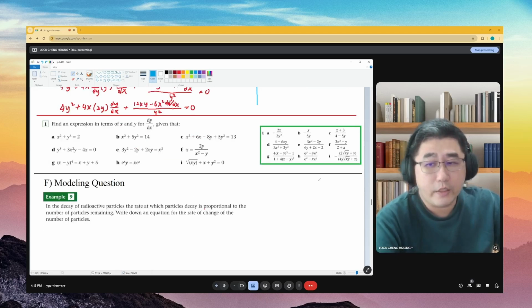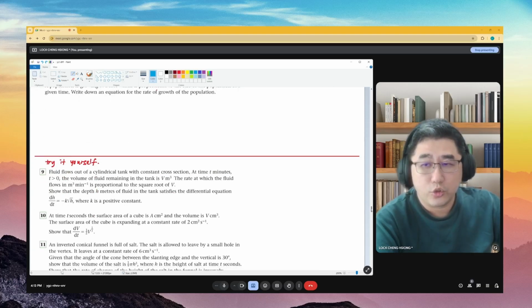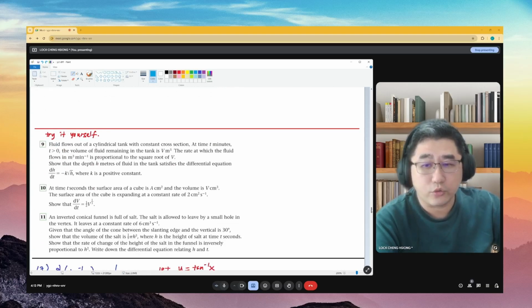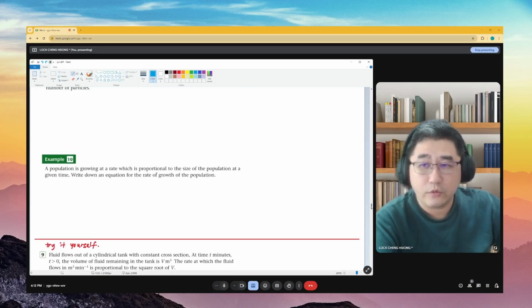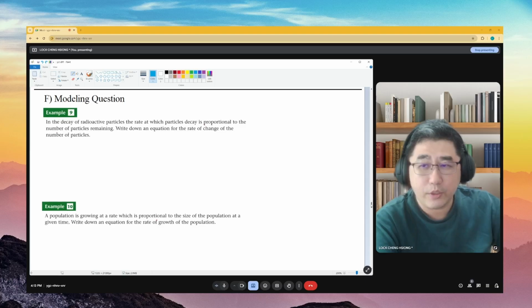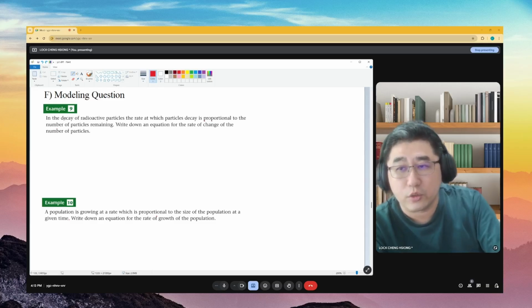And finally is the modeling questions. So you need to know how to write the expressions yourself. There are some examples here. So you need to know how to read the question.